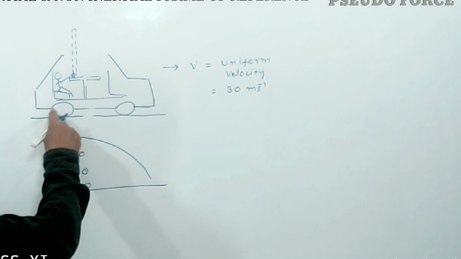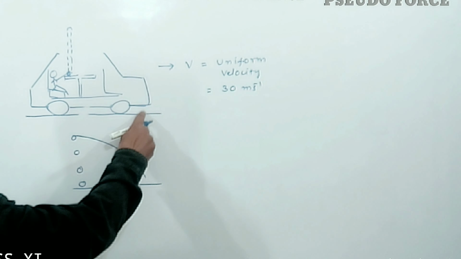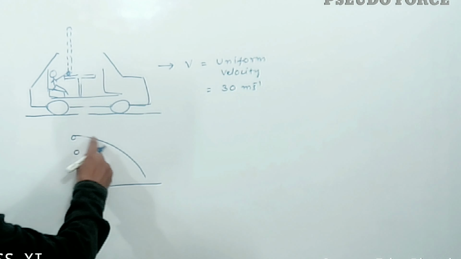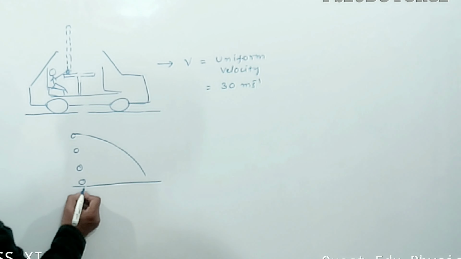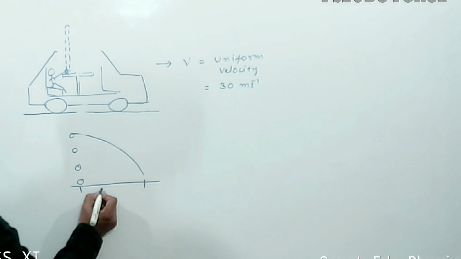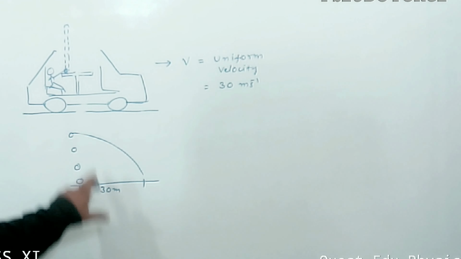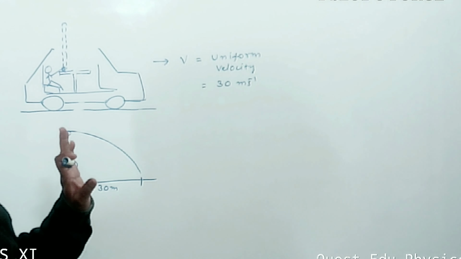Okay, students, when the vehicle moves through a distance of 30 meters in a second, the ball also is moving with the same speed, and it travels the same distance. It covers the same distance, which is equal to 30 meters. That's why it is reaching into his hands.